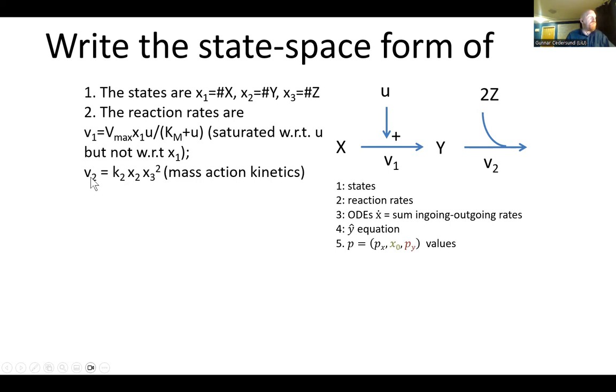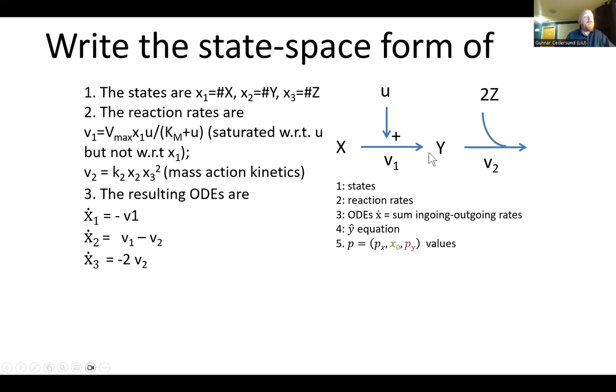Okay, so we have two rate expressions, and the resulting ODEs are simply by summing the ingoing. So here x has no ingoing, only one outgoing, so it's minus V1. X2 has, this should be with a subscript. So X2, or Y, has one ingoing and one outgoing.